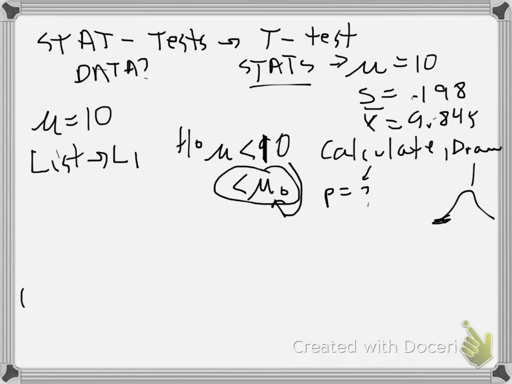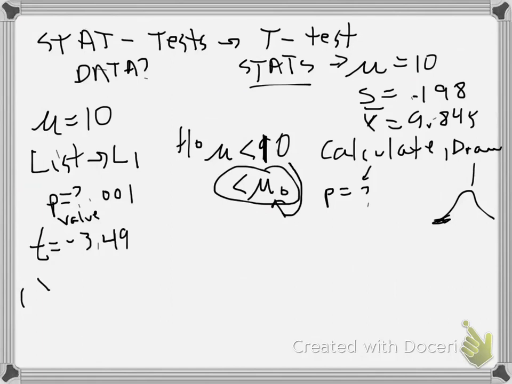And when I go down here, it's going to give me the same thing. It's going to give me a p-value, which was 0.001 something. It will also calculate what we calculated by hand, which was t equals negative 3.49.